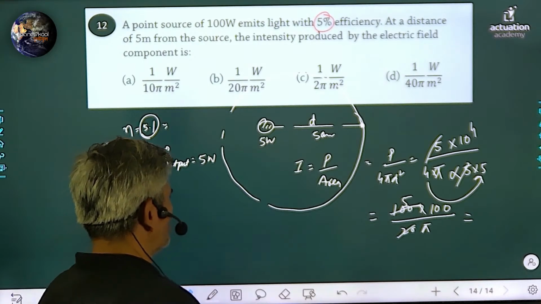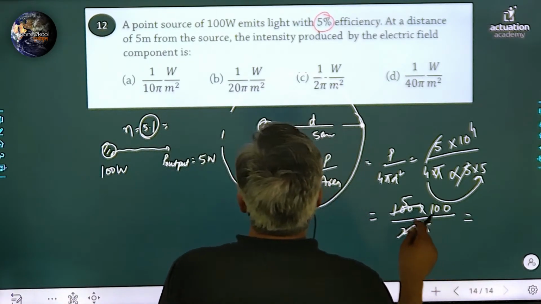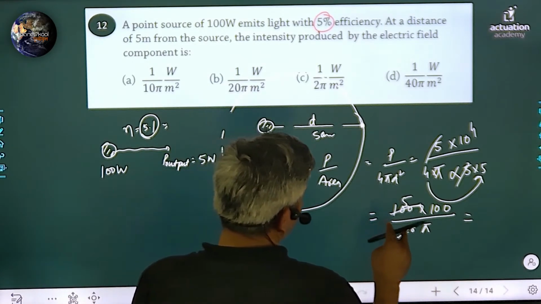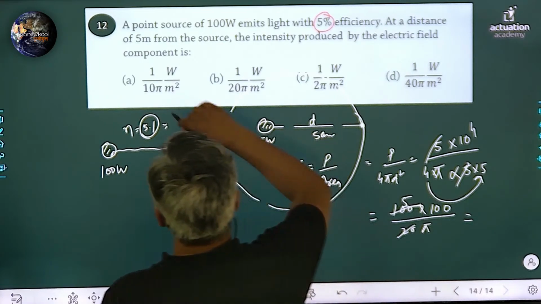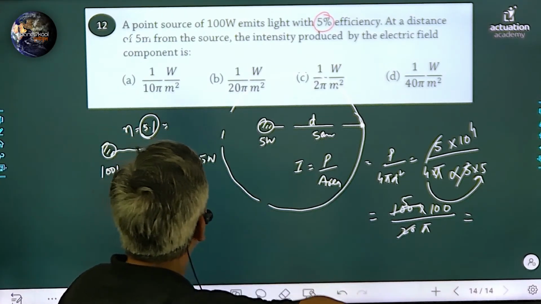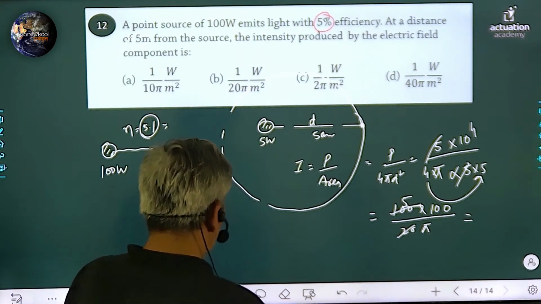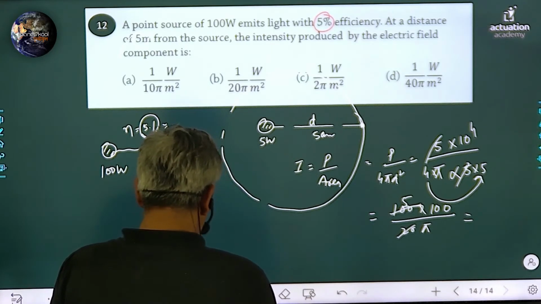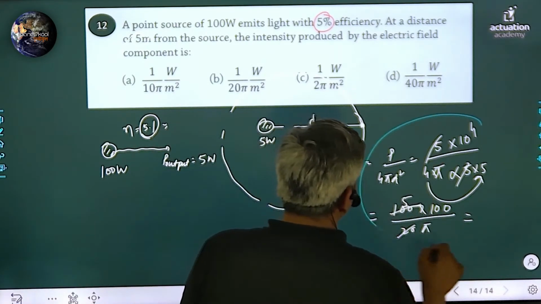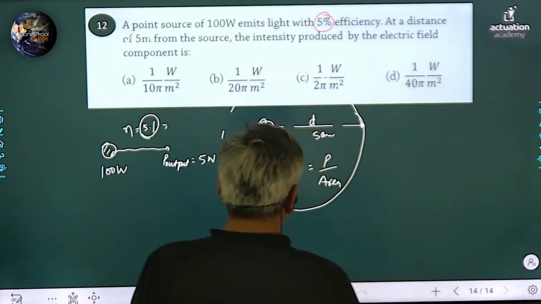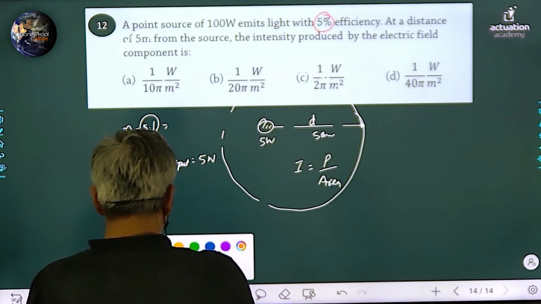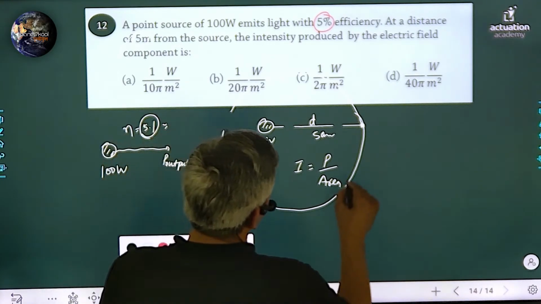Sorry, it was 5 meter. Sorry, I missed it. It was 5 meter. So if this was 5 meter, let me recalculate it. This still remains the same.